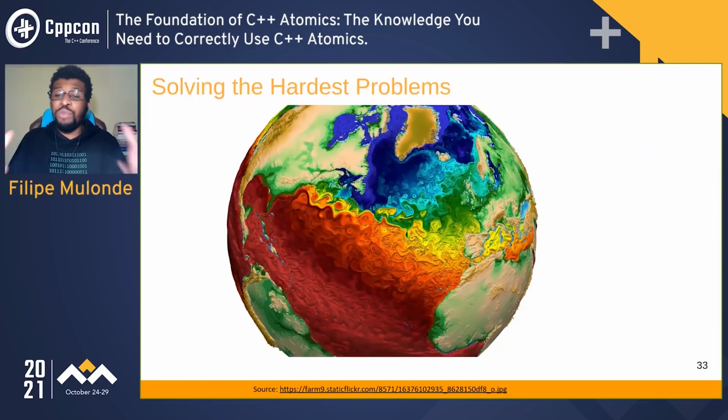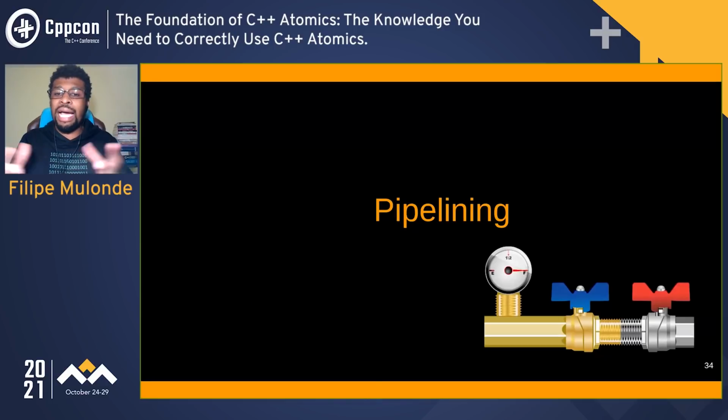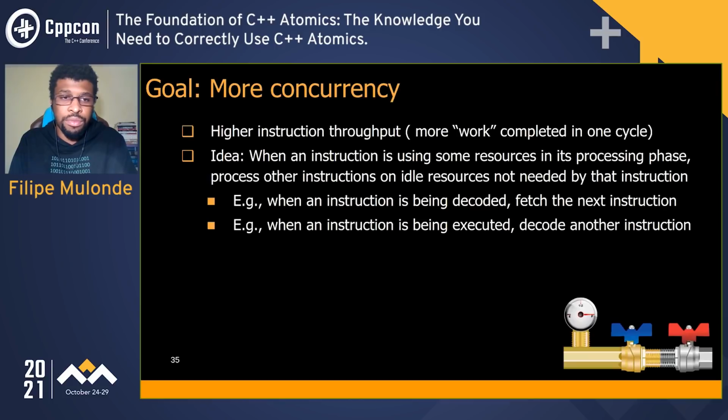And why is performance important? Performance is important because we want to solve the hardest problems in the world. Understanding pipelines will be important for the rest of the talk. So let's start by understanding a pipelined processor. The goal of a pipelined processor is to gain more concurrency, to have a high instruction throughput, because we want more work to be completed in a cycle.